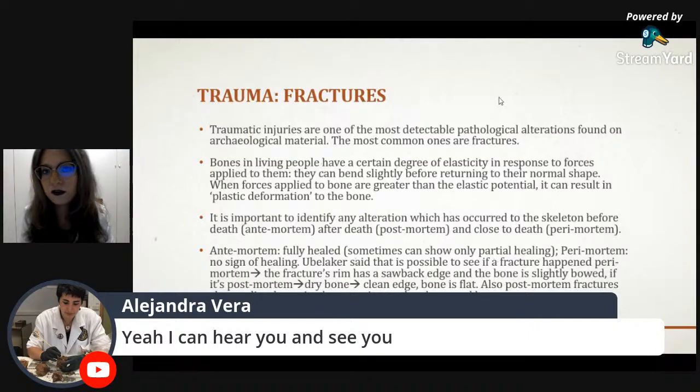So in that specific case, it's difficult to identify the moment in which that type of injury happened.